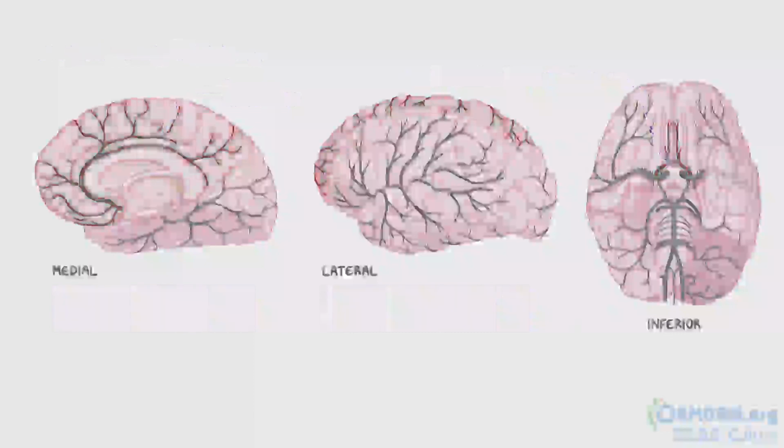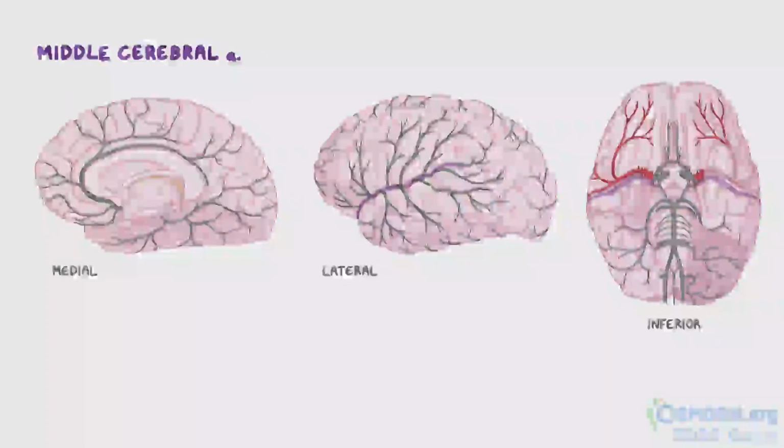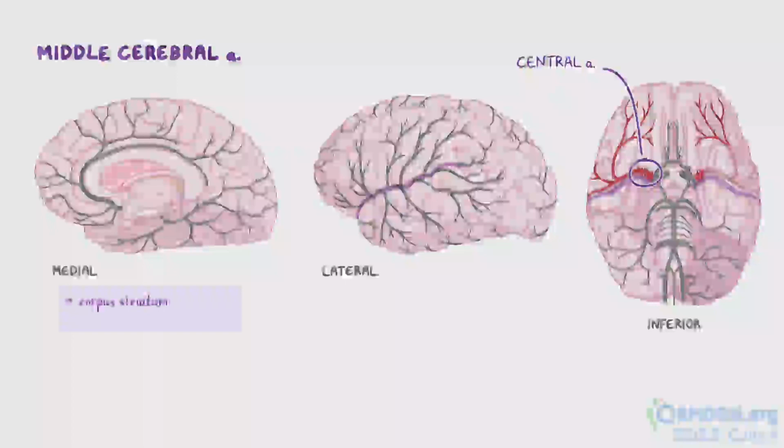Next, after branching from the internal carotid artery, the middle cerebral artery travels laterally along the lateral sulcus. While it traverses the lateral aspect, it gives off deep penetrating branches called central arteries, which supply the deeper structures of the brain, like the corpus striatum, which is made up of the caudate and lenticular nucleus.